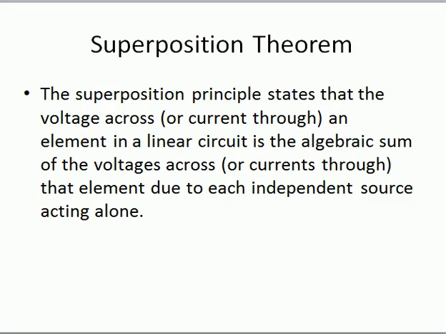In this superposition theorem, we will see that the homogeneity property exists here, as well as the additivity property. When we talk about the homogeneity property, if we multiply any input by a constant, then the output will also be multiplied by that constant.